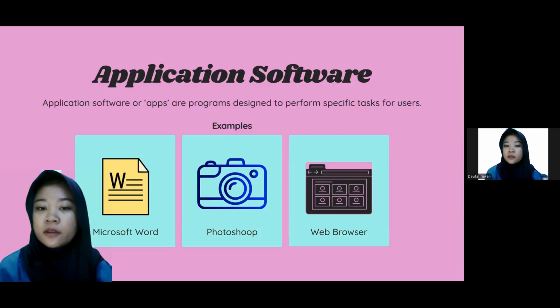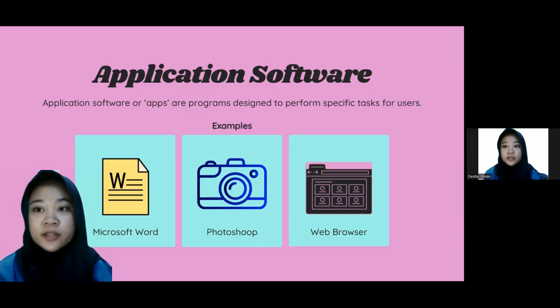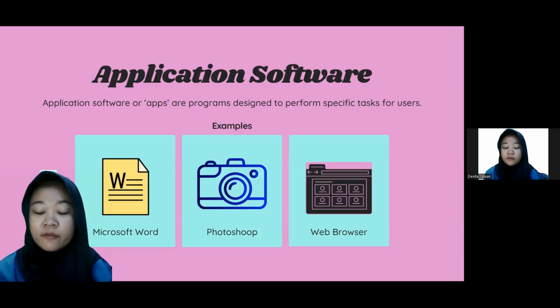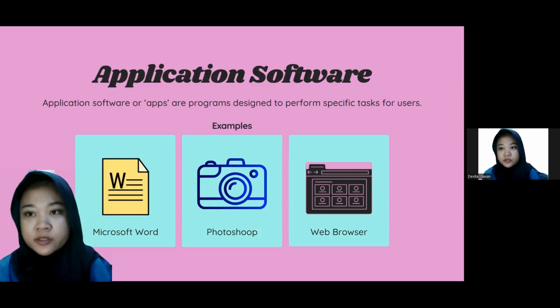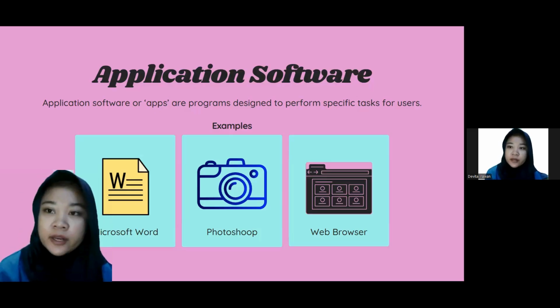I just give you 3 examples. There are many application software out there you can search. You even use them daily when you open your computer. A computer without application software is nothing for users. It's very important to have application software on your computer.